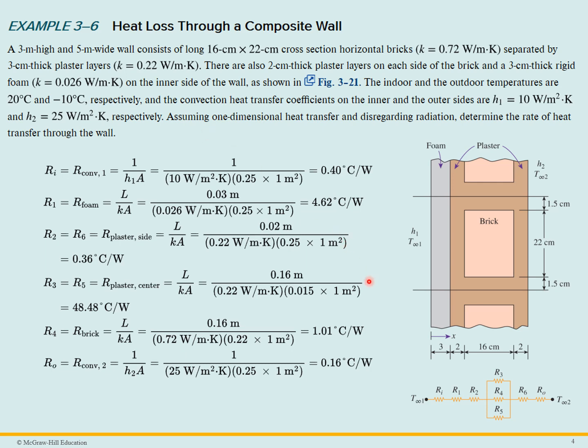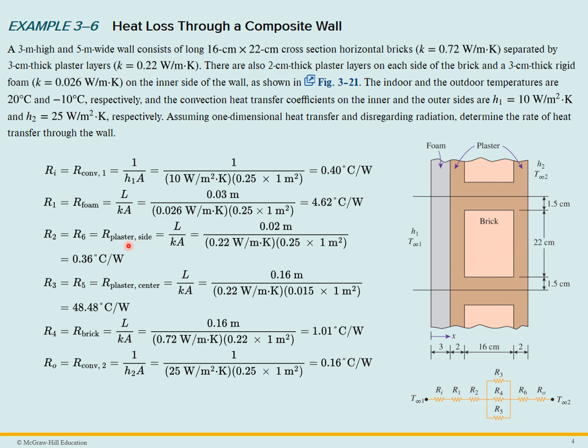Here, to treat this as an electrical network, we're going to have to be careful. We have to go step by step. For the inside, we're going to have an R value that we can calculate. We can calculate R1, which is the resistance value for the foam. We can calculate the R values for the side plaster here and here.